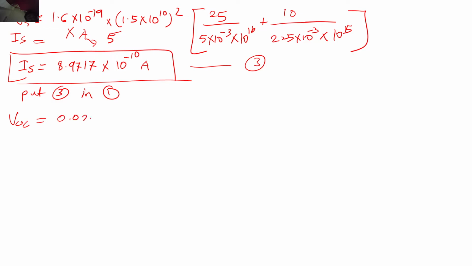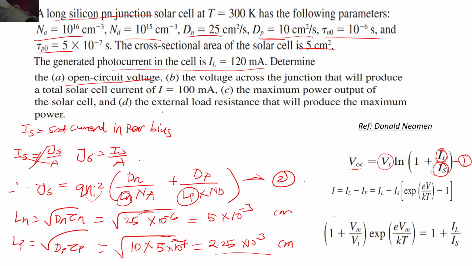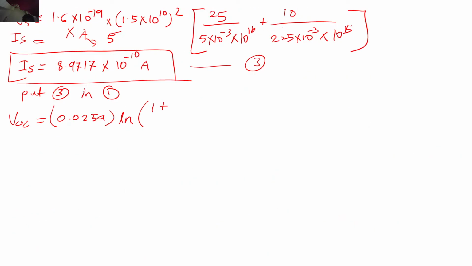VT is 0.0259 into ln of 1 plus IL upon IS. IL has been given as 120 milliamperes, divided by the IS we have just calculated, 8.97 into 10 to the power minus 10. So this will be the open circuit voltage. And if you calculate the value of this, it will come around 0.4846 volts.